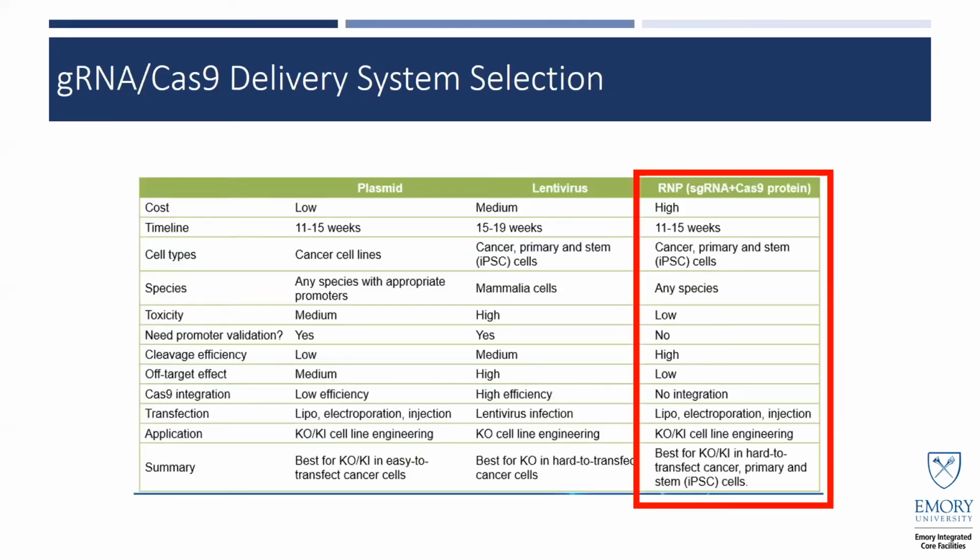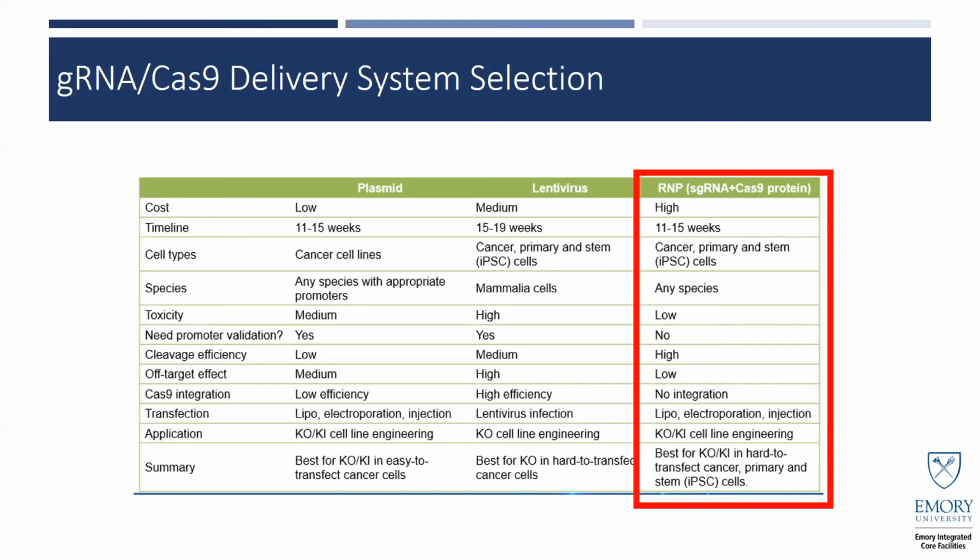So there are a number of ways you can deliver Cas9 into the cells, either by plasmid or virus, or just using a synthetic guide RNA and Cas9 protein itself. Really, the state of the art right now is to use the RNPs, and there are a number of reasons. I wouldn't say it's a high cost; these costs have come way down now, and I'd call it low cost.